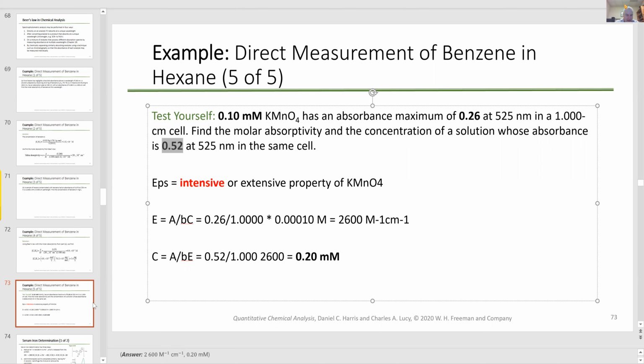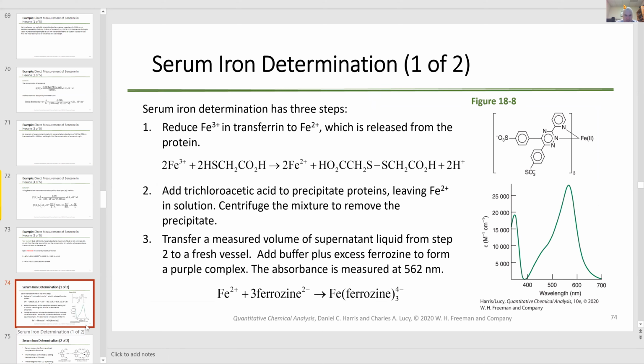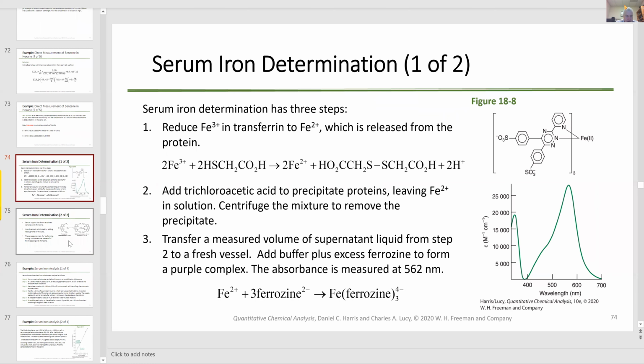But let's see here. Okay, here's the stupid transferrin thing. We've already done this problem in the homework, right? We did a transferrin problem.